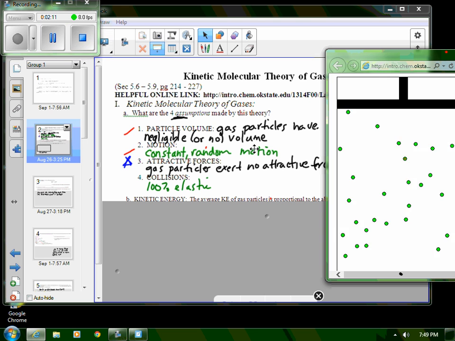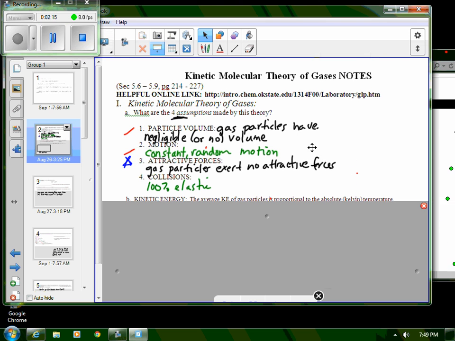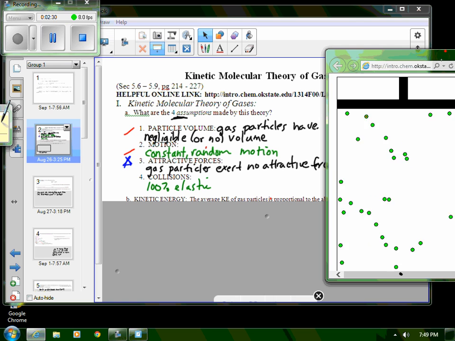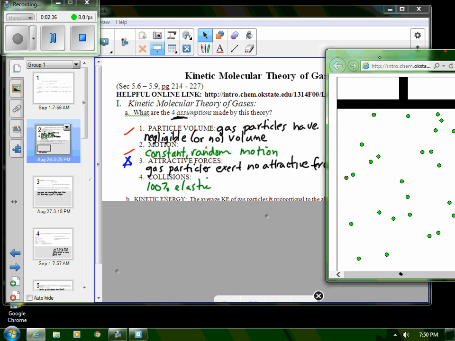Okay, and finally, the last one is about collisions. We assume that when gas particles collide, which they do a lot, and remember that collisions are what cause pressure, those collisions are perfectly elastic. What that means is that when the gas particles collide, they don't lose any energy. So if it was a super bouncy ball and the collisions were 100% elastic, that super bouncy ball would bounce forever.